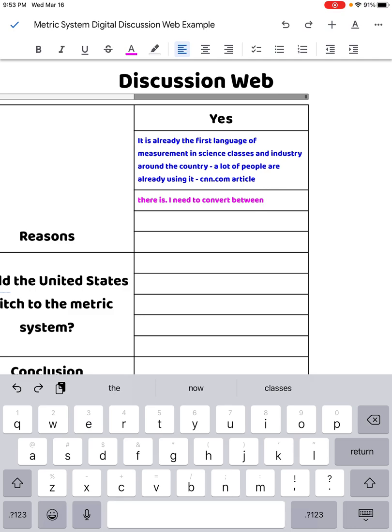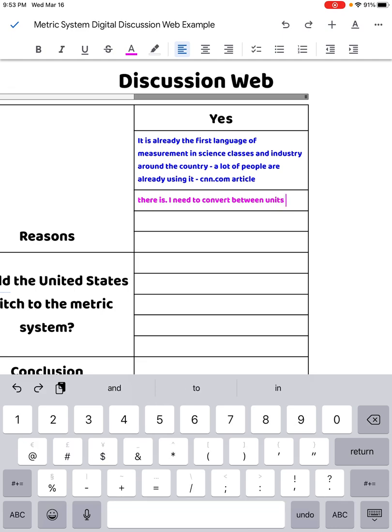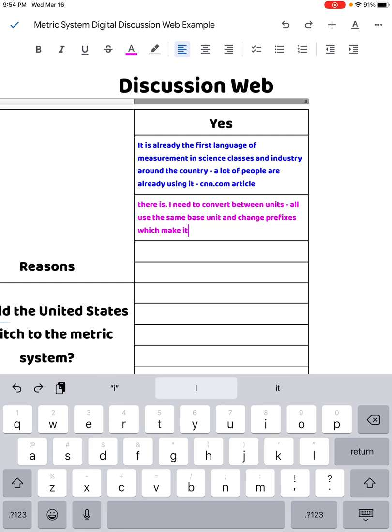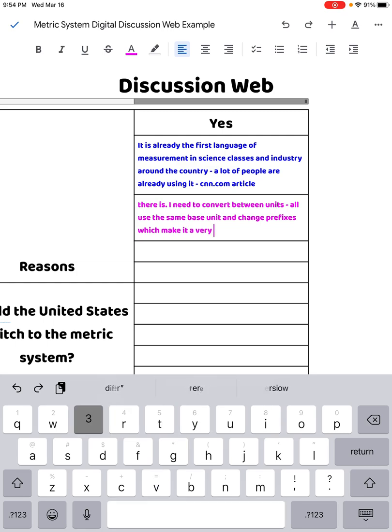I'll fix it later. No need to convert between units. And we'll just say all use the same base unit and change prefixes, which make it a very easy system.